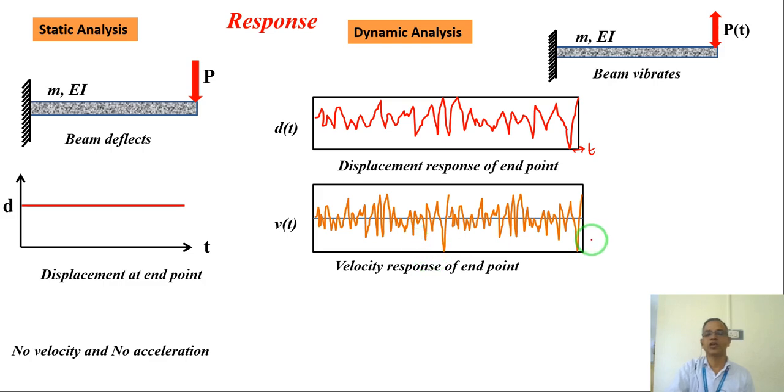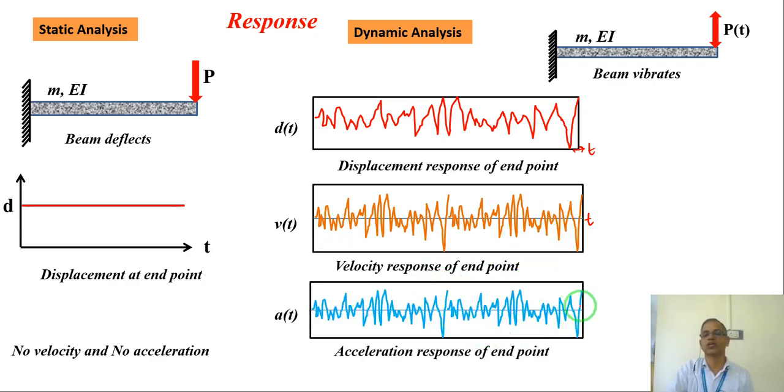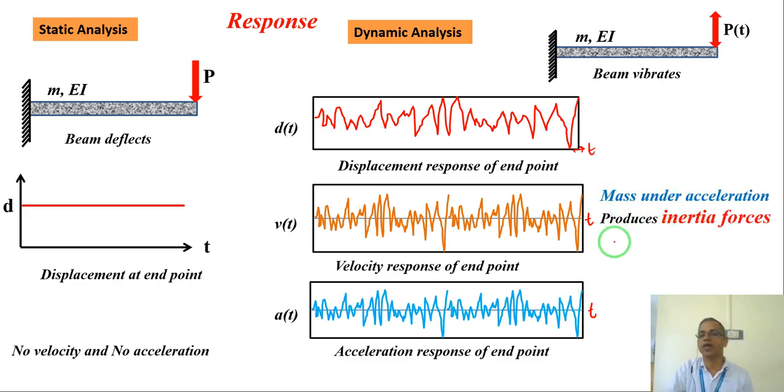Then the velocity of the structure response will change over time. Then the acceleration of the system changes along the time. That means the mass under acceleration produces the inertia force. This is another very important point to be noted in dynamic analysis.